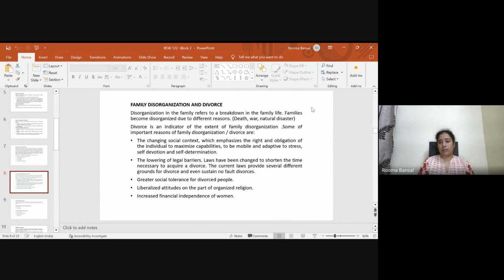Next, war. You can say a family member of an army person, or any member of the family who is working in the force. At the time of war, he has to leave the place. And suppose he loses his life during war, performing his duty; again, the family structure is changed.